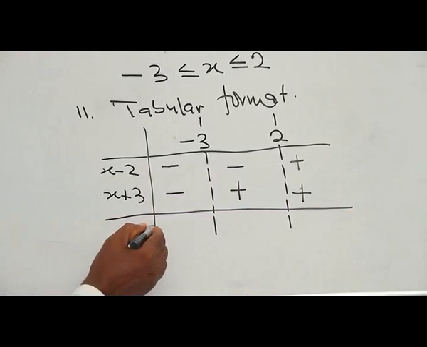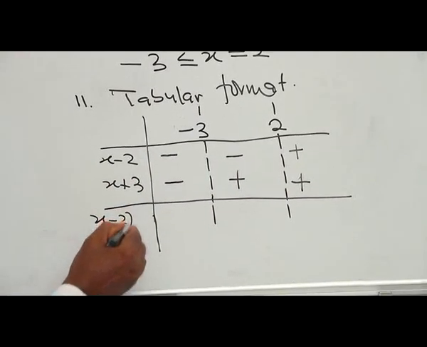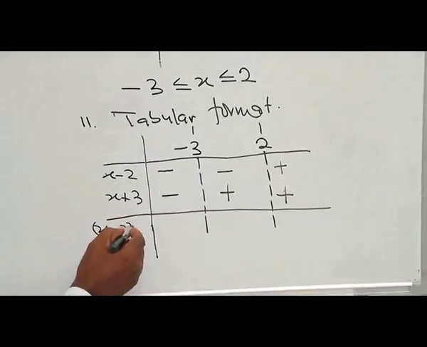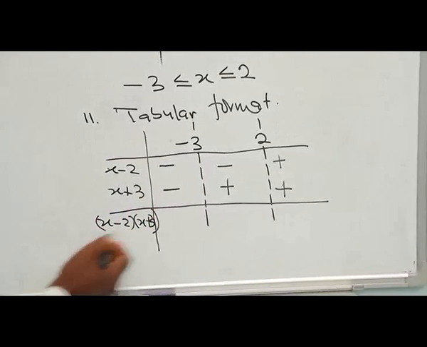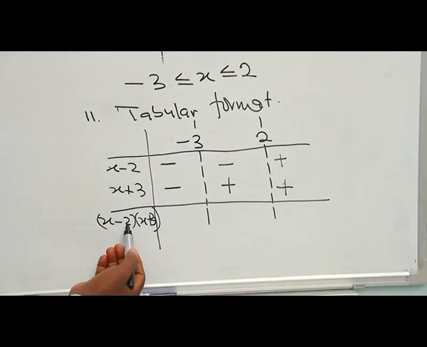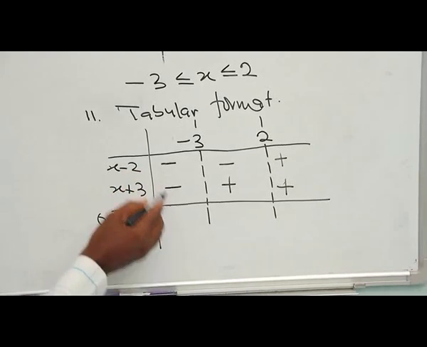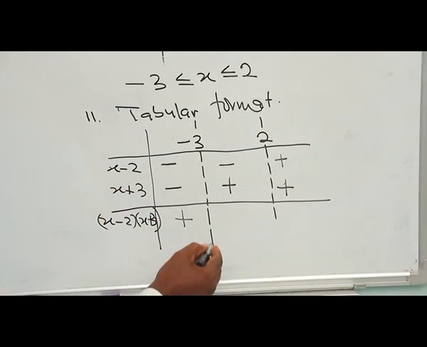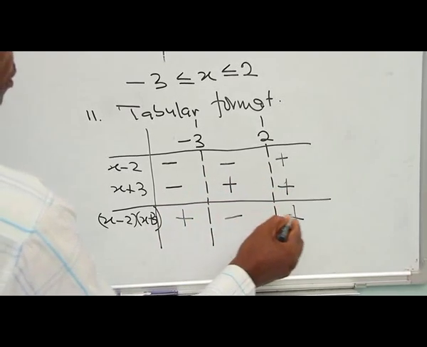You now bring in the product of the two factors, s minus 2 times s plus 3. You are looking at the signs now. Minus times minus is plus. Minus times plus is minus. Plus times plus is plus.